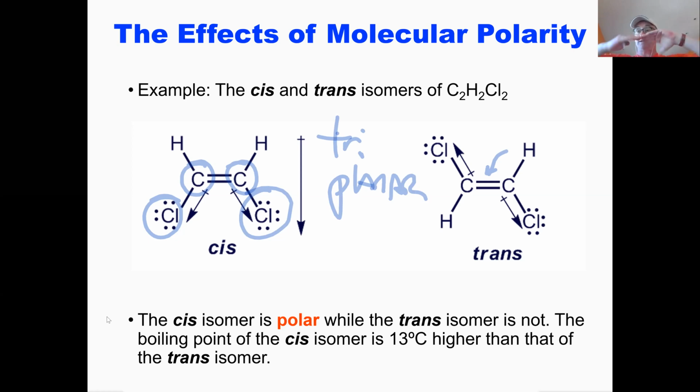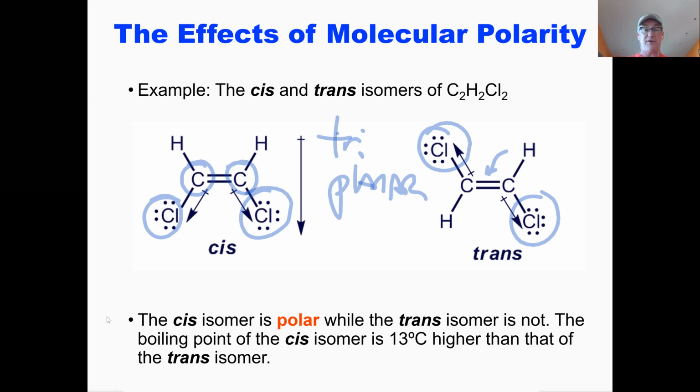When we have single bonds, they can rotate around. When you have a double bond, they're locked into place. They can't move. And so in this instance, we have two chlorines on one side of the double bond that can't move, and on the other one, we have two chlorines on the opposite side of the double bond that can't move.